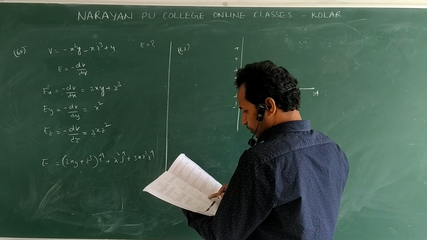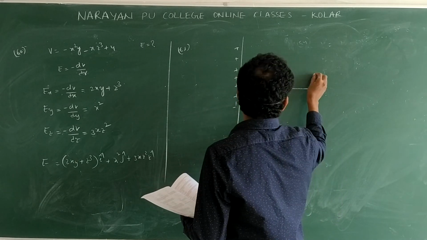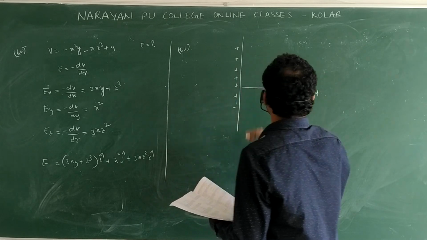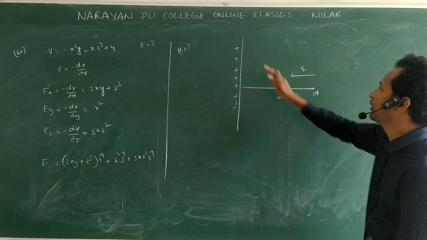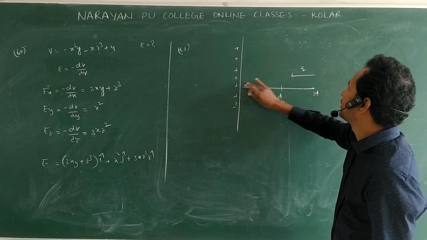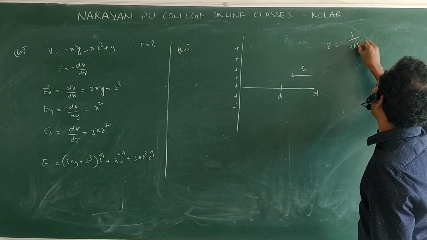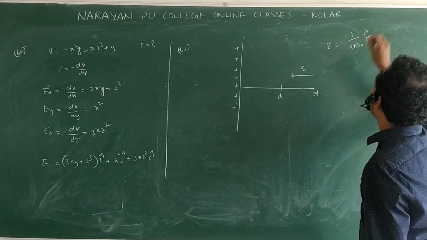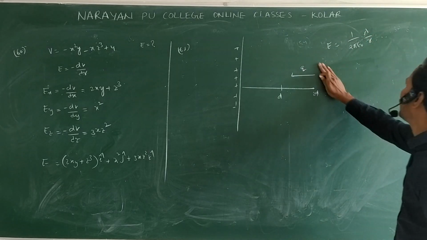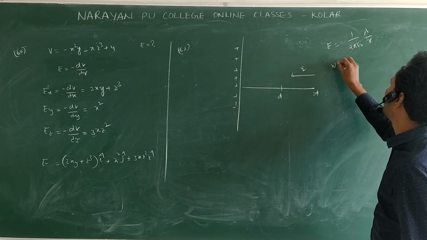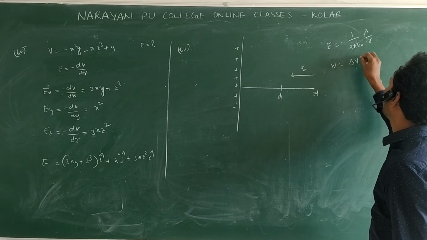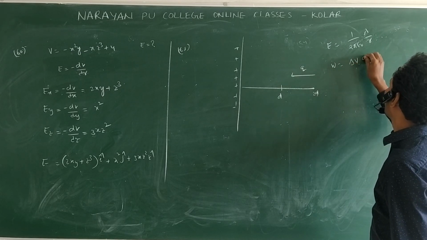We need to bring q from 2d to d. So the electric field due to this is E is equal to 1 by 2 pi epsilon naught lambda by r. Clear? Work done formula W is equal to delta V into Q.